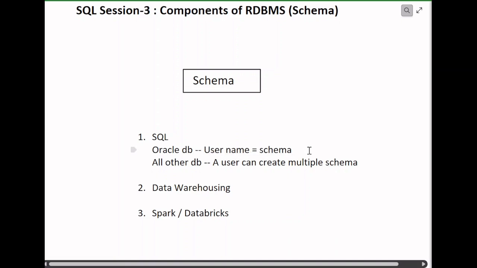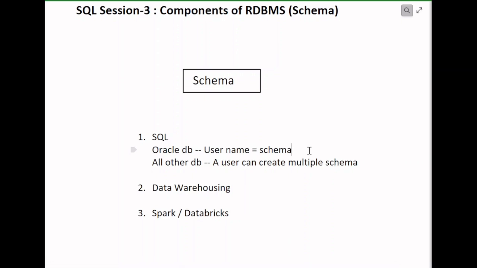A schema is basically a logical folder inside a database server. We have seen that in a database server we can create a database, and inside the database we store a large number of tables. If you want to organize those tables, we can create different schemas and arrange the tables inside each schema.